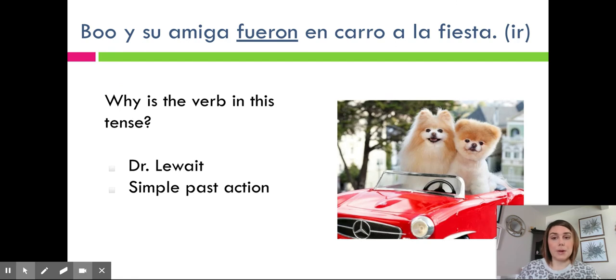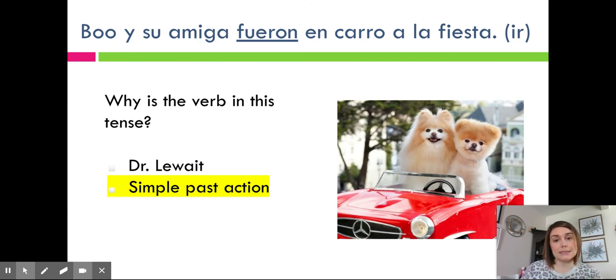Okay. Boo y su amiga fueron en carro a la fiesta. Why is the verb in this tense? Is it Dr. LeWaitt or a simple past action? Muy bien. Hopefully you caught that we now switched from imperfect, kind of describing what was going on, to now a simple past action, which we know is when we use the preterite.